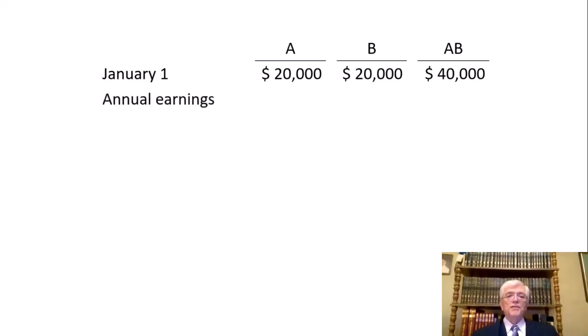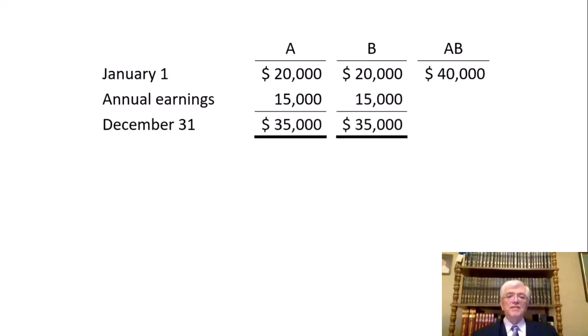Then we have earnings for the year. 15,000 for A, December 31st, A's account is at 35,000. B also gets 15,000. So B's December 31st account is also 35,000. Total earnings obviously 30,000. So the AB partnership partner's equity is at 70,000.